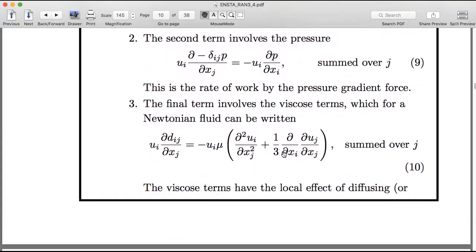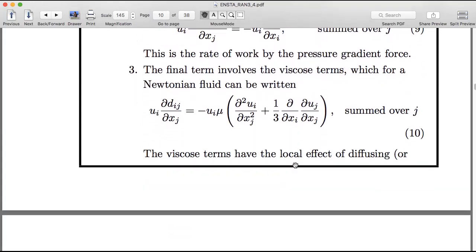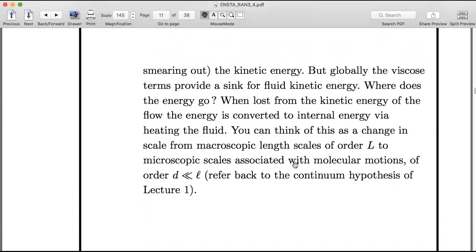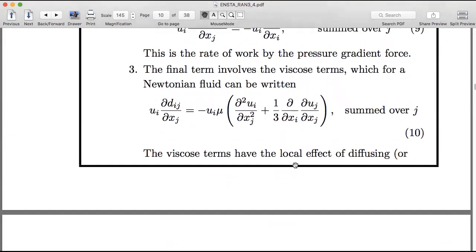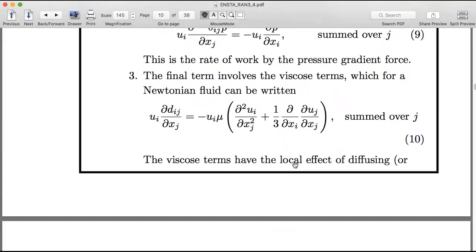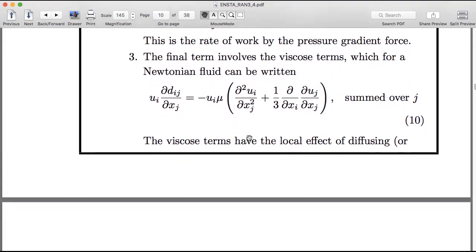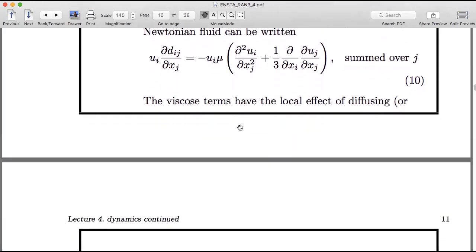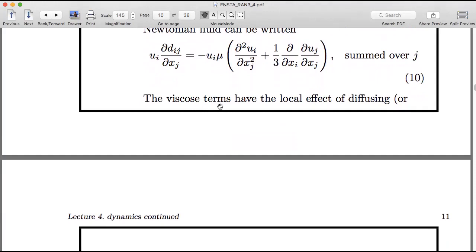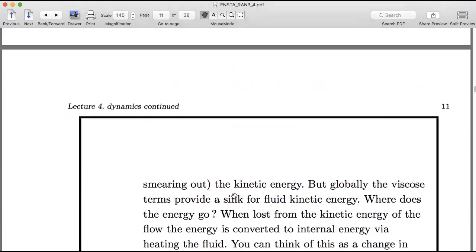So we have two parts to it. I kind of like this because I thought a lot about how you get rid of energy in a fluid flow, and so I've looked at this term in detail, and you can understand it physically. The viscous terms have a local effect of diffusing, or in other words, smearing out the kinetic energy.